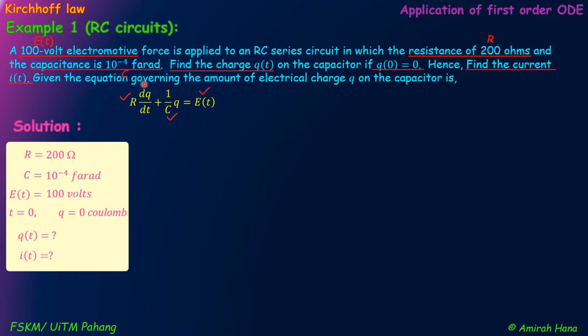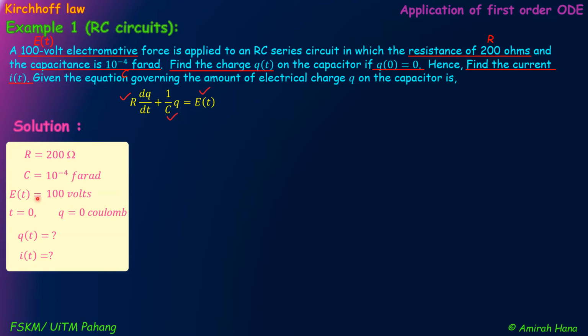Given the equation governing the amount of electrical charge Q of the capacitor is R dQ over dt plus 1 over C Q equals E(t). This is the equation for the RC circuit, which is why we have R and C here. R means resistance and C means capacitance.